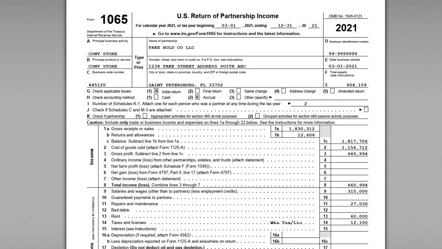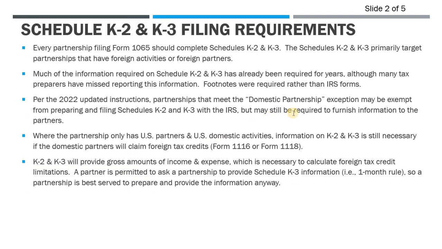All right, so if we go back to the slides to start with here, start on the first page, again, just talking about some high-level K2 and K3 issues here. So if you've seen my previous video, go ahead and skip over this because it's, for the most part, just the same. But what's important to remember here is that the IRS added K2 and K3, but the information has been required for years, right?